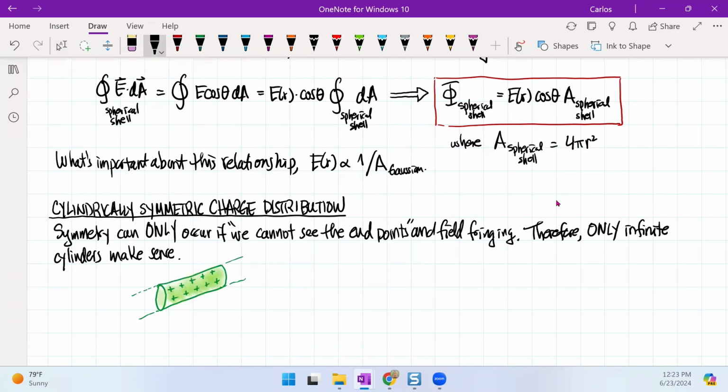So once again, we can't see the endpoints. So according to what we've been saying, the symmetry of the charge distribution must be the symmetry of the Gaussian surface.